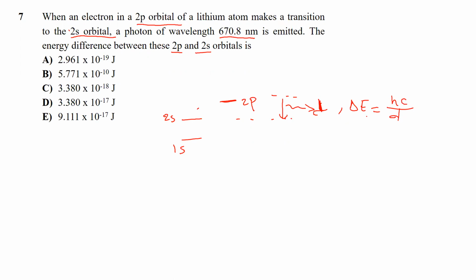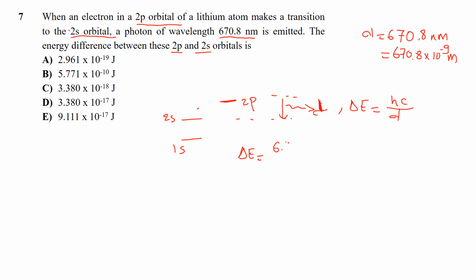And here I need to calculate delta E. So delta E will be, lambda here is equal to 670.8 nanometer. And I need to convert it to meter, okay? 10 to the power minus 9.